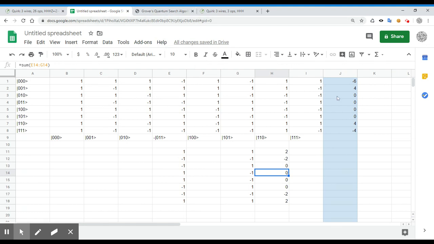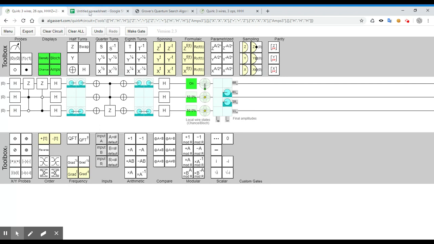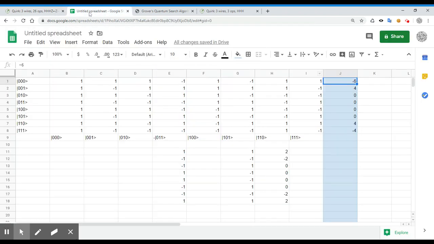what I'm not happy with is that this is not giving me what I expected, as in it should be equally balanced. So why is this -6? Why is this -6? That bothers me a little bit, because I wanted this to be -4.